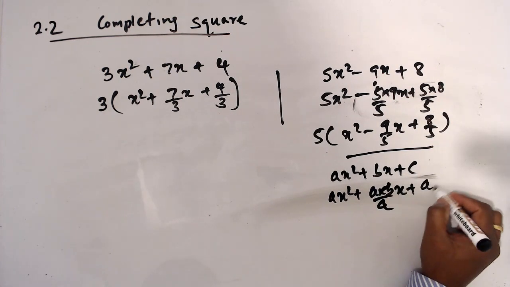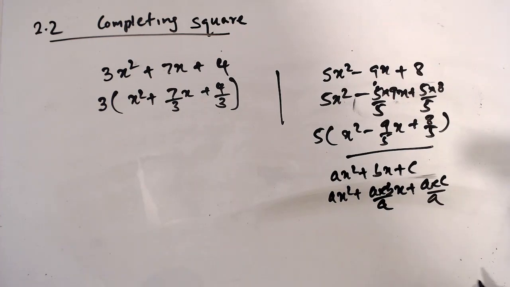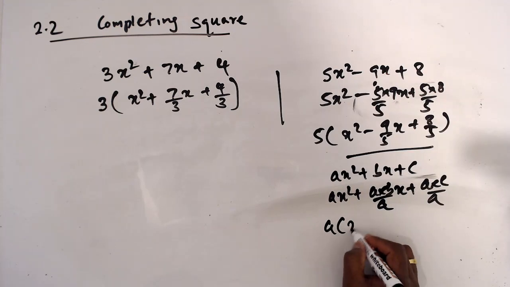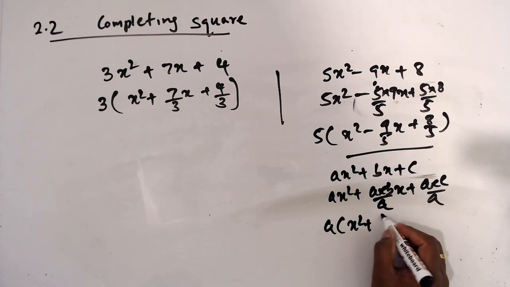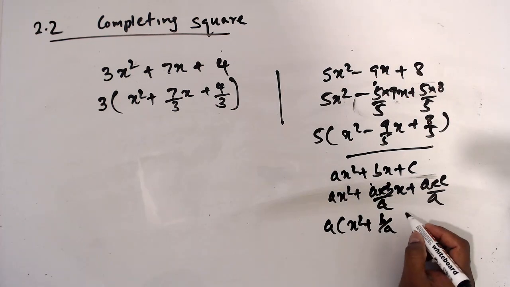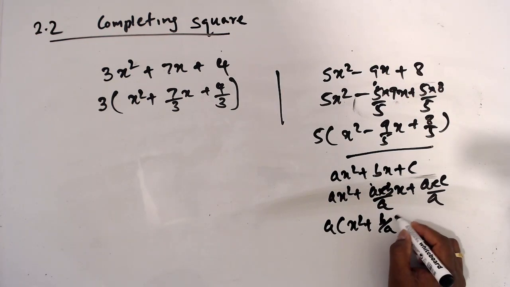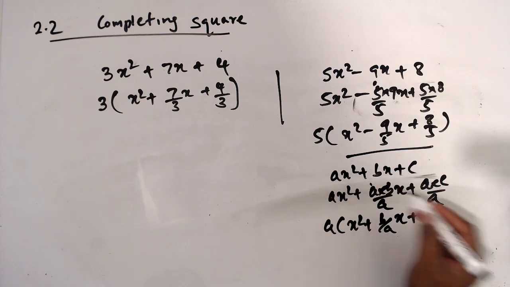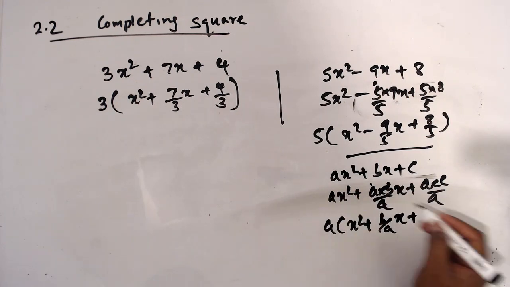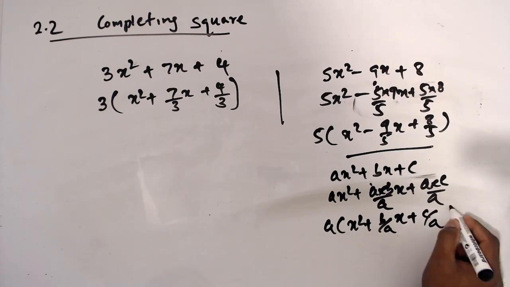Now I have an a to take out. Now x square plus b over a x, and then c over a.